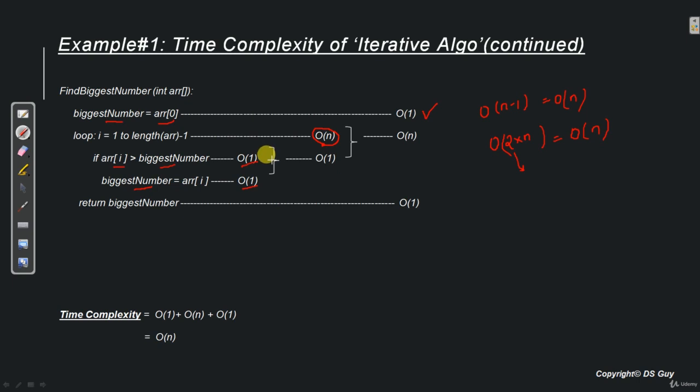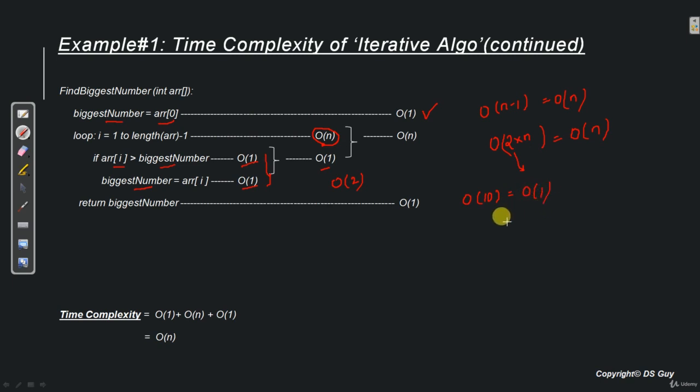If we add both of these, we might say it will be order of 2 because it is order of 1 plus order of 1. But again the rules remain the same: if we have a constant value, we can always put it as 1. What that means is, if we have order of, let's say, 20 or 10, we can say it as order of 1.